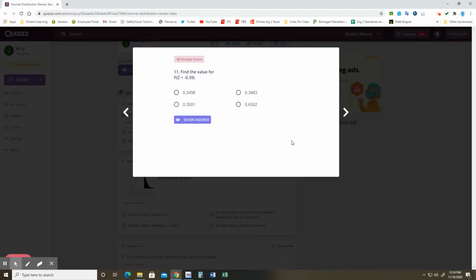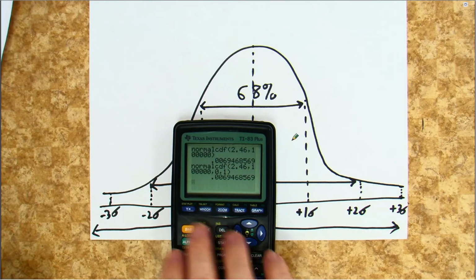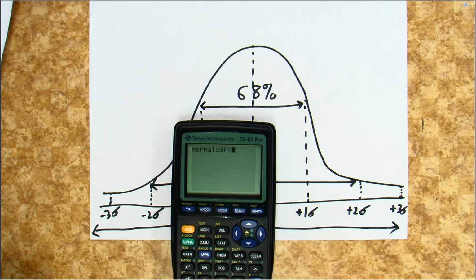Number 11, same exact problem, except now they want a z-score less than 0.39, or I'm sorry, negative 0.39. So same exact problem. So let me do this again. Because I'm going less than negative 0.39, I can do my lower limit at some big negative number, negative 100,000 or whatever that is, comma, negative 0.39 as my upper.